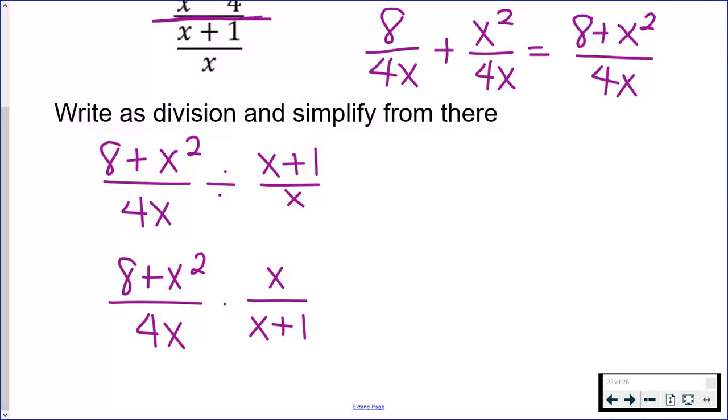Now, the only thing I can do to simplify this is cancel out the x in the numerator with the x in the denominator, these right here. So I will cross those out, but what I'll do is multiply it straight across as well, just to show you that those are going to cross out.